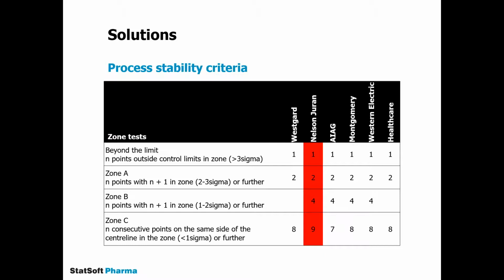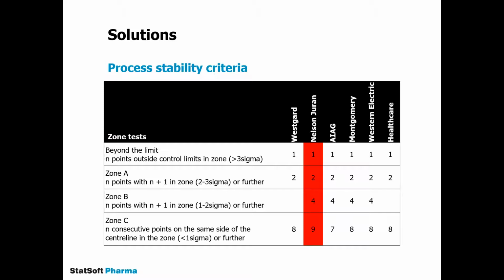Based on those assumptions, several quantitative rules have been defined and can be used to interpret what your charts are communicating to you. These rules help you identify when the variation on your control chart is no longer random and may result from an assignable cause.